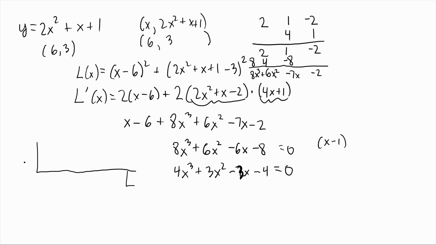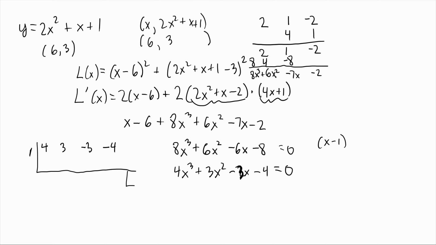So that'll be nice on our way to factoring. If we're dividing by this using synthetic division, we just use a positive 1 here, changing the sign of that negative 1. We write down the coefficients as 4, 3, negative 3, and negative 4.